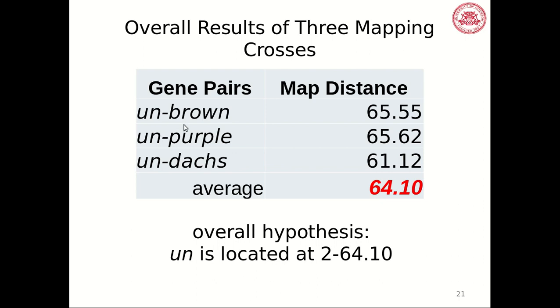You compared your unknown, you did some crosses, and came up with numbers that have to do with your distance from the dots, purple and brown. And it said you're 65.5 from here, 65.6, and 61.2. And your average is then 64. And that's about as good as you can do. So you figured out where each of these were, and it gave you a location.